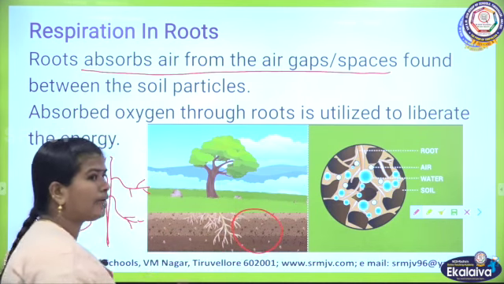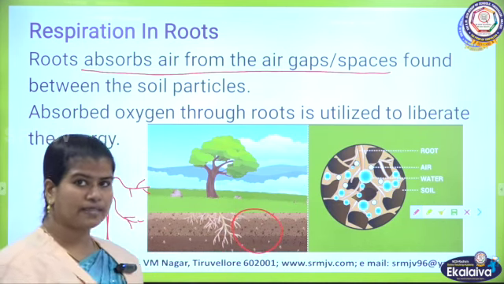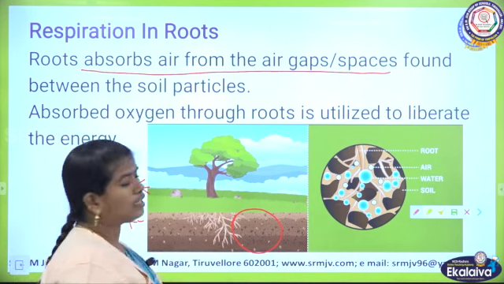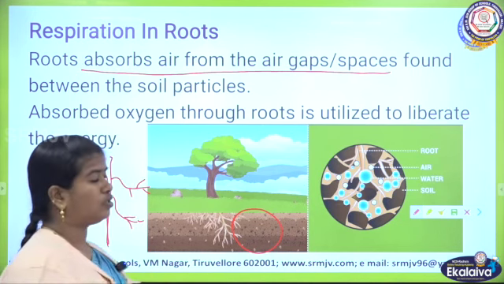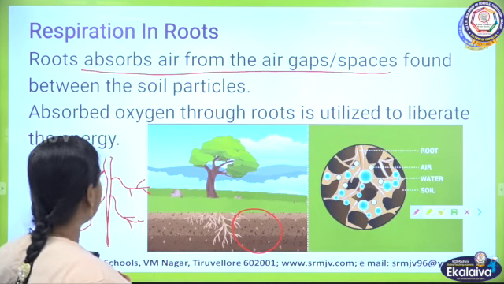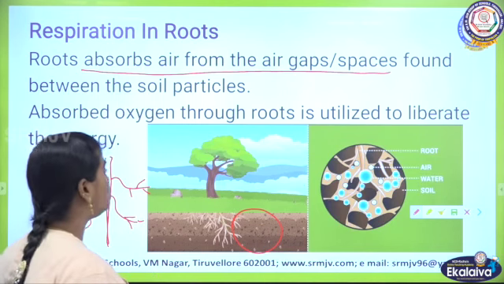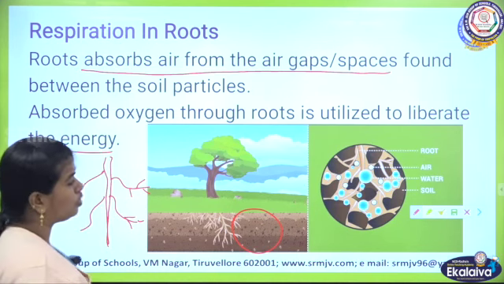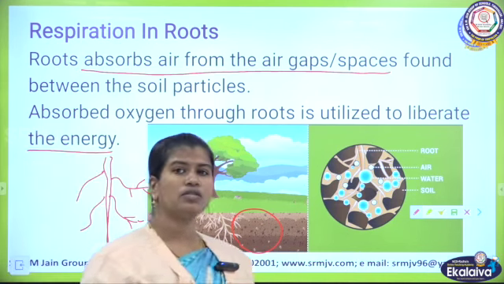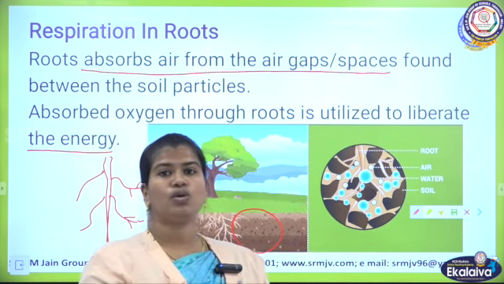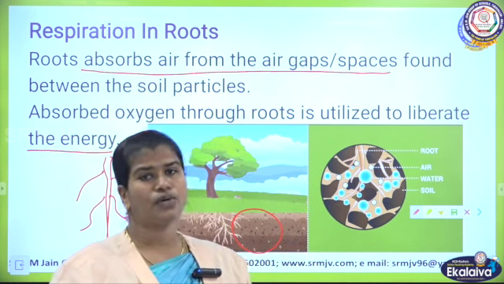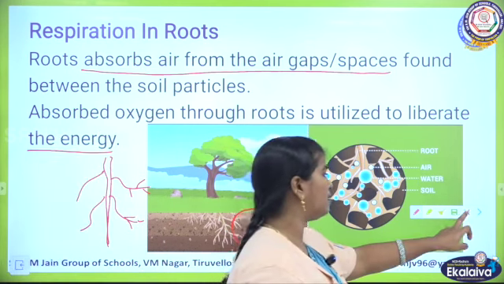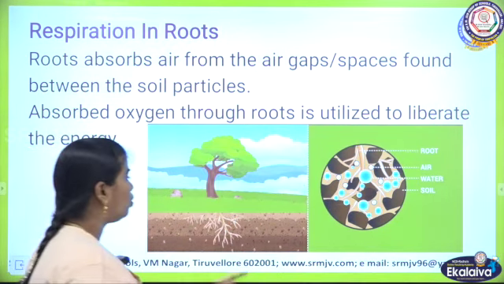From there the root hairs absorb the oxygen, and the absorbed oxygen is used to liberate energy, so that the stored glucose is converted into energy. That is how the root hair plays a major role.